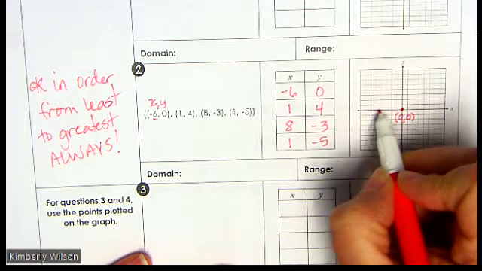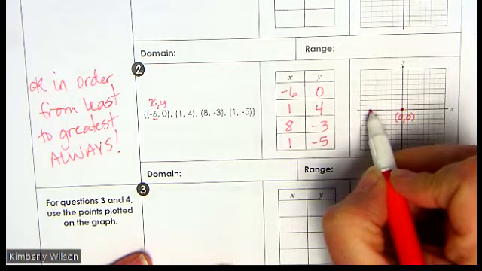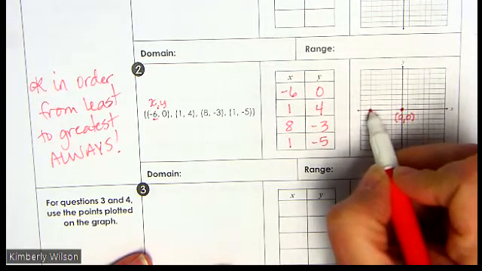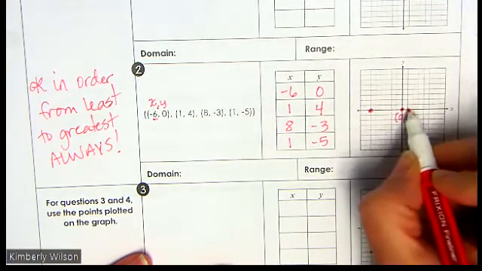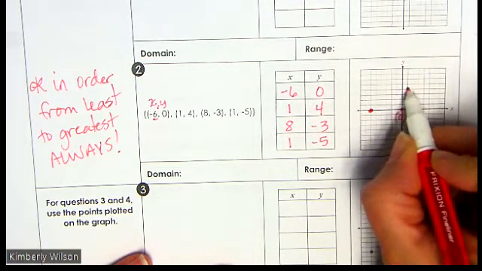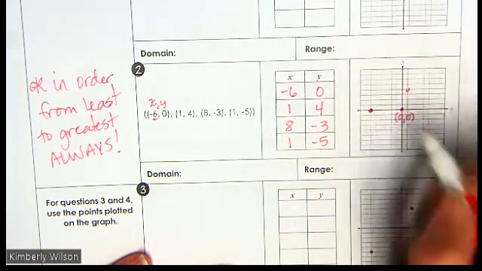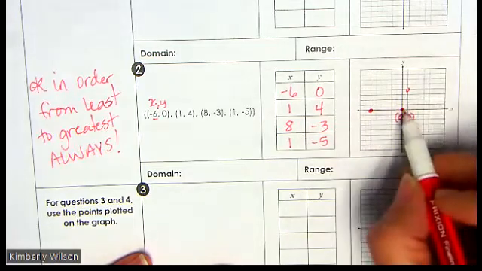So it's -6 on the X, 0 on the Y-axis. So this is this point right here. 1, 4. That's 1 on the X, 4 on the Y. So here's this point.